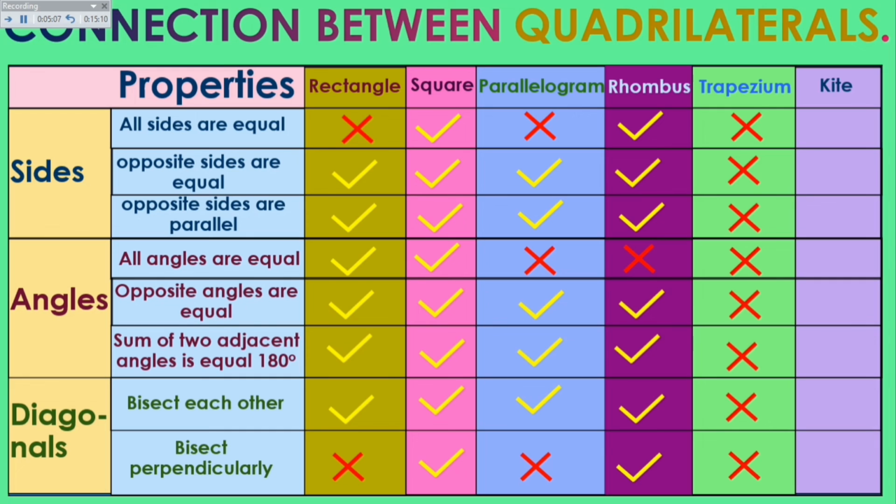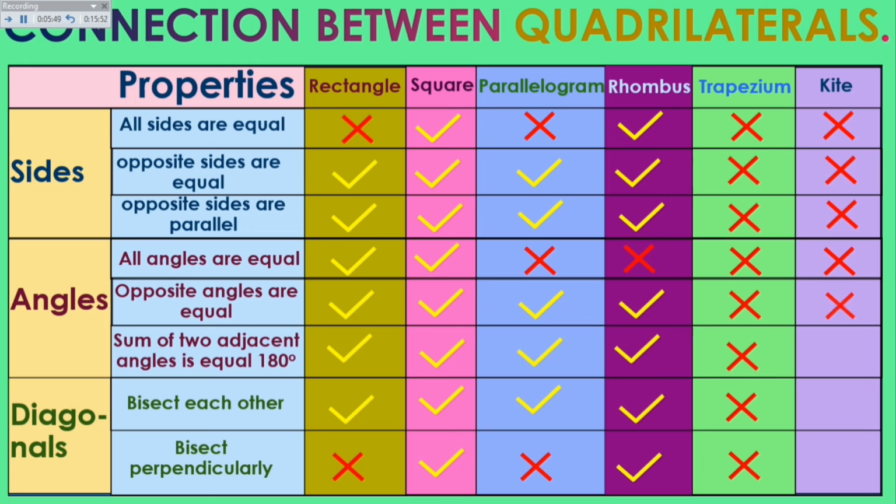Let's look at the kite. Are all the sides equal in a kite? No. Are the opposite sides equal? No. What about the opposite sides? Are they parallel? Of course, no. Are all the angles equal? Of course, no. Are the opposite angles equal?